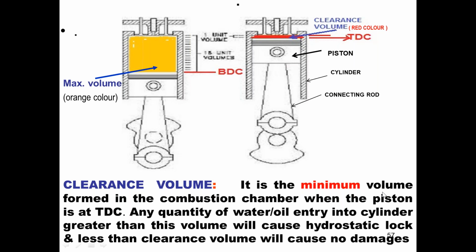It is the minimum volume formed in the combustion chamber when the piston is at TDC. Any quantity of water or oil entry into the cylinder greater than this volume will cause hydrostatic lock, and less than the clearance volume will cause no damages. Mind it, any entry of water or oil more than the clearance volume is going to cause damages to the engine.